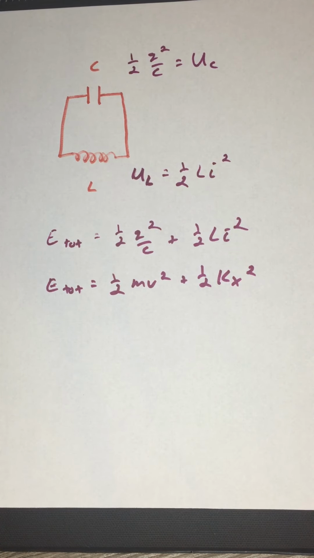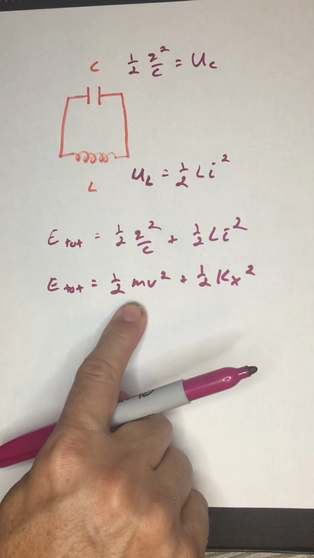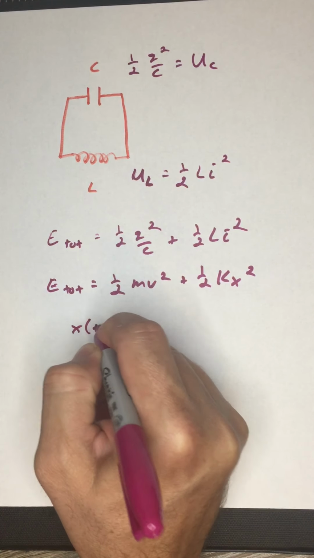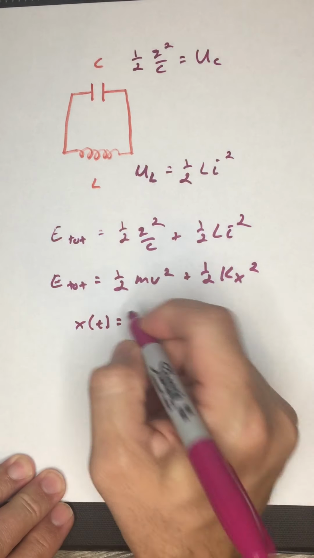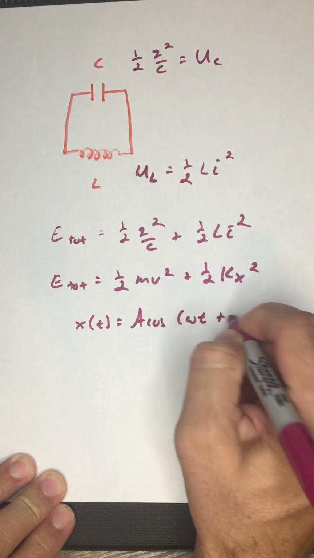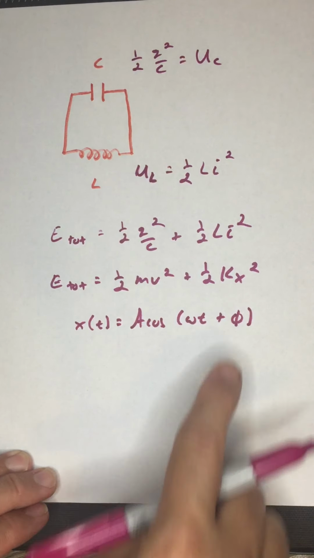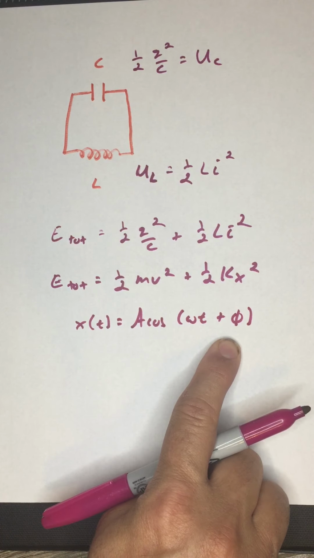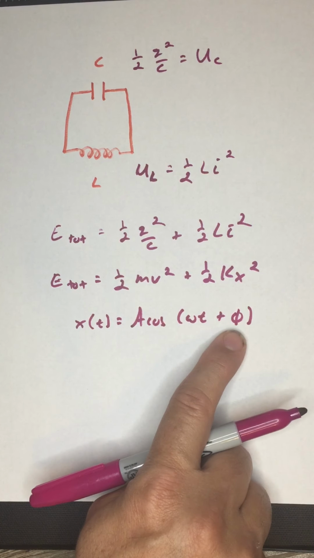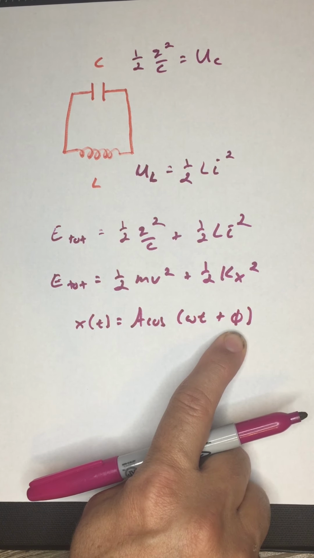It's an oscillatory circuit. The solution to this was x of t is equal to A cosine of omega t plus phi, where phi is your phase angle and omega is your angular frequency, right? The phi here is very often 0.